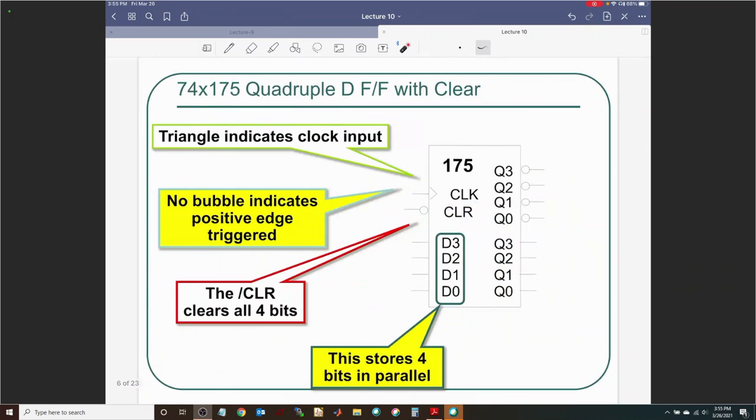The first standard chip that we are going to talk about, which has this register implemented inside it, is the 74x175 quadruple, which means 4-bit data flip flop with a clear input. And right now, I suppose you are questioning whether this clear input is a synchronous clear or an asynchronous clear. I'm going to tell you that it is a synchronous clear.